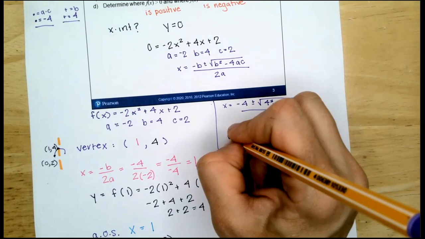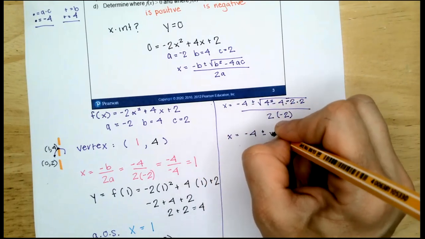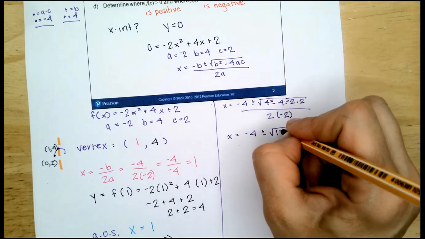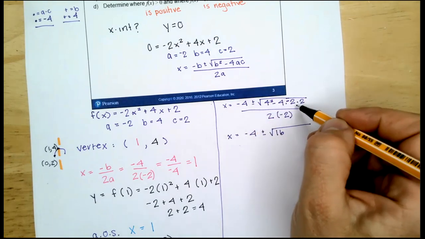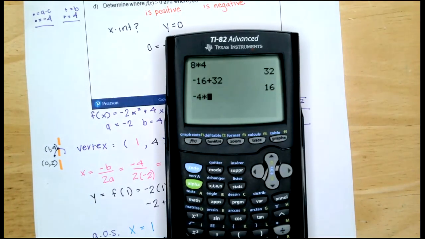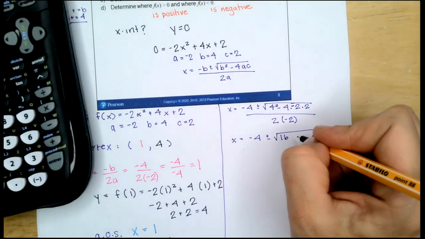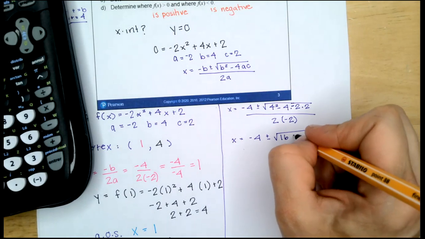Okay. x equals negative 4 plus or minus the square root of 4 squared is 16. Negative 4 times negative 2 times 2, just throw that all in your calculator, is 16. So 16 plus 16.